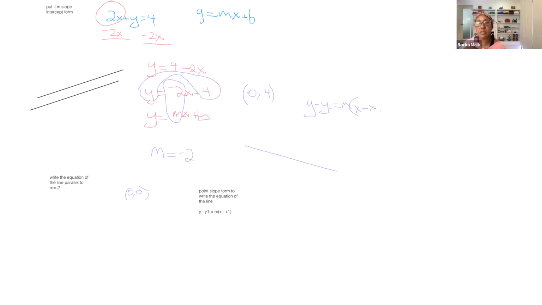I'm gonna use my slope is -2, because I want the same slope that's parallel. And I'm gonna use 0, 0 as my point. So y minus 0 equals my slope times x minus 0.